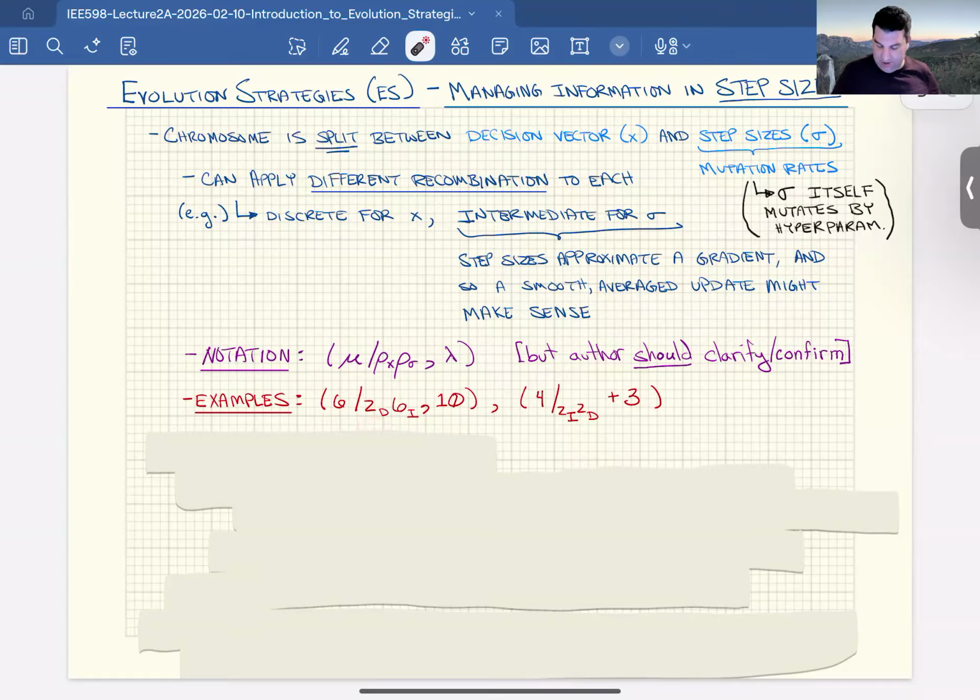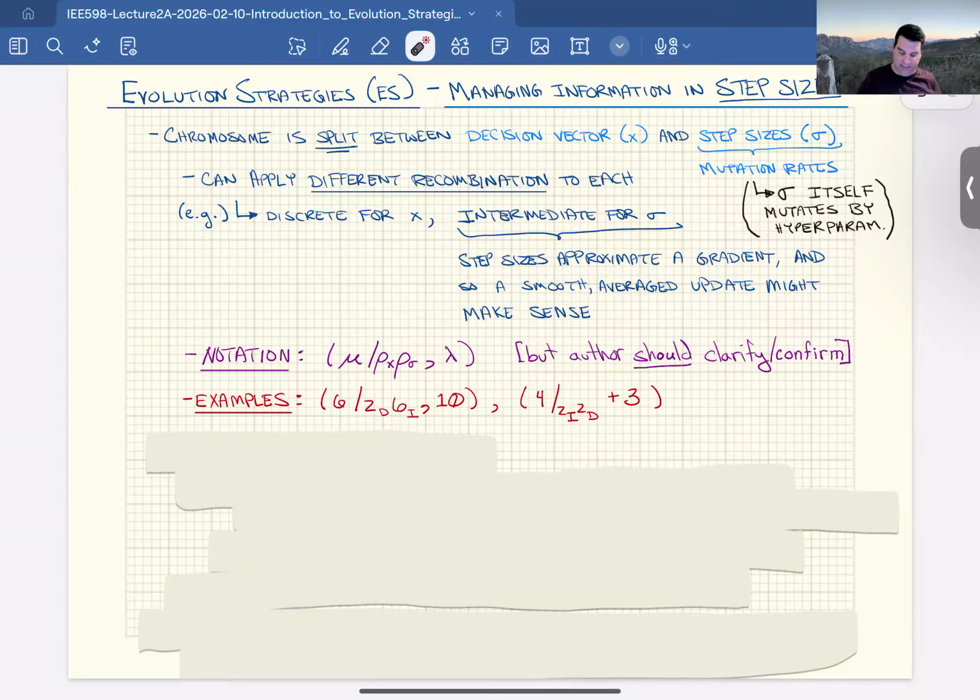But for the step sizes, I actually want the step sizes to come from all of the parents, and I want that to be intermediate. So my decision vector is going to have more diversity. It'll have less contraction than the mutation rates, but the mutation rates will gradually be averaging from all of the mutation rates.